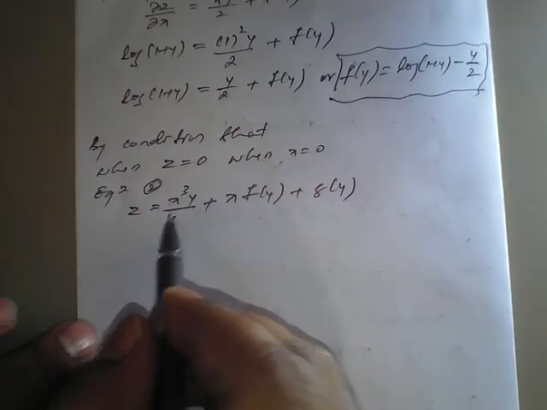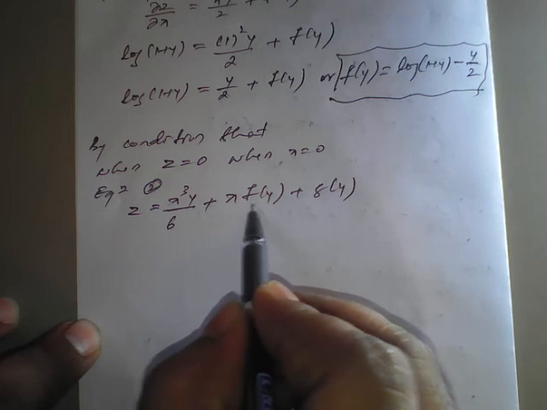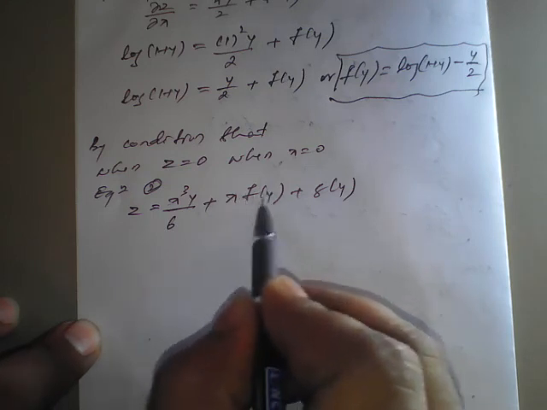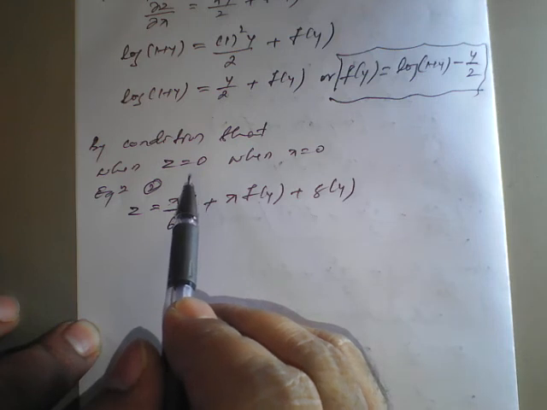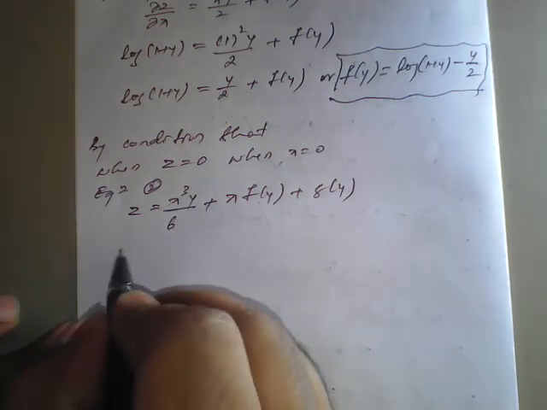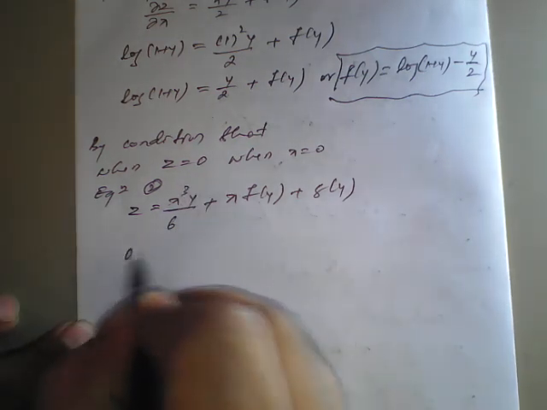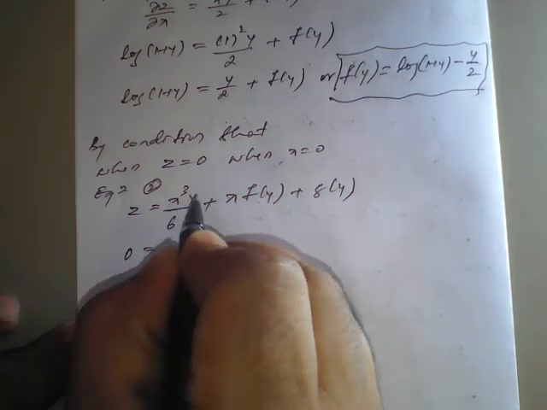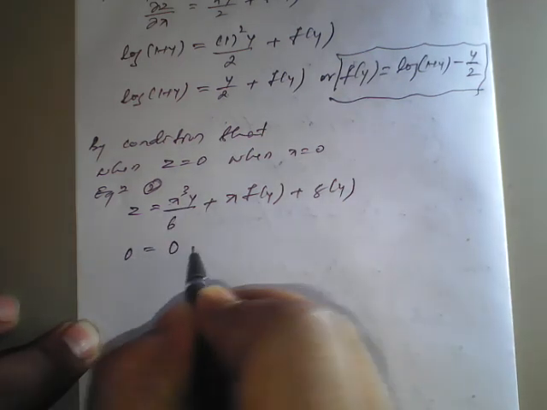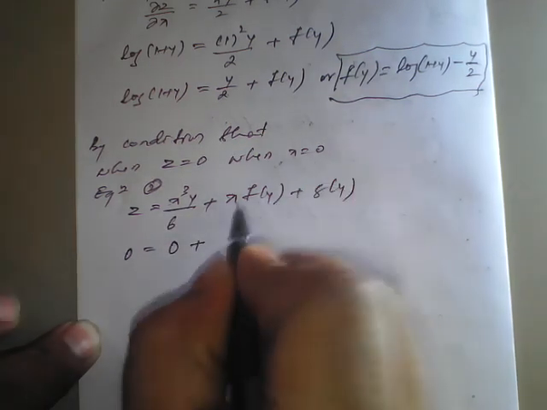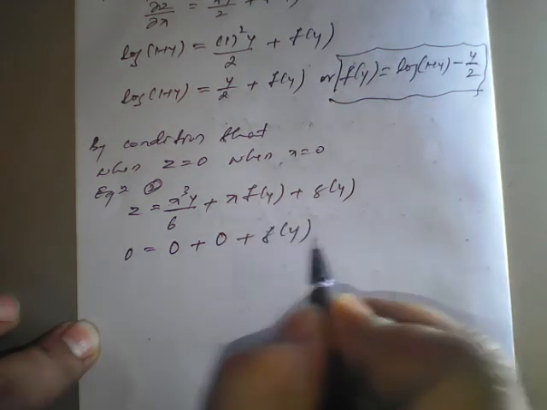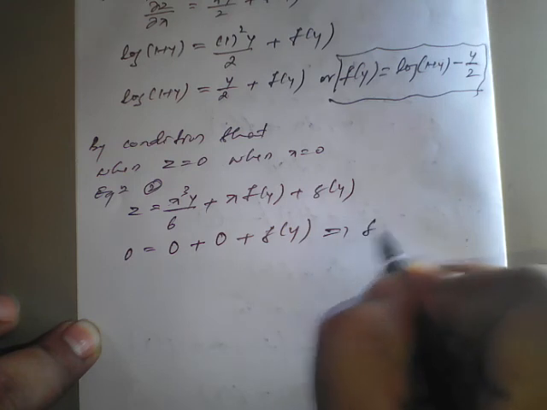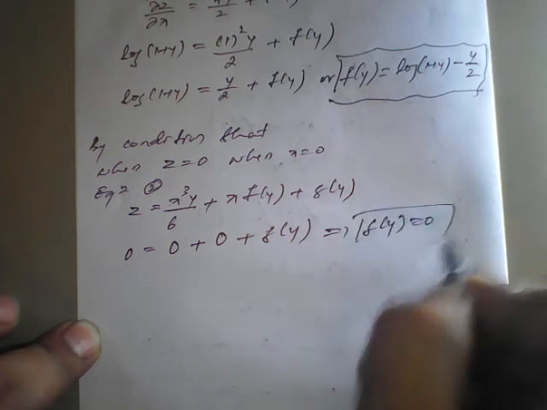Now we know these values, so we have to replace f(y) by this. So we rearrange: z is 0, x is 0, so 0 into this is completely 0, plus x is 0, 0 into f(y) is 0, plus g(y). So we can conclude that g(y) is 0.